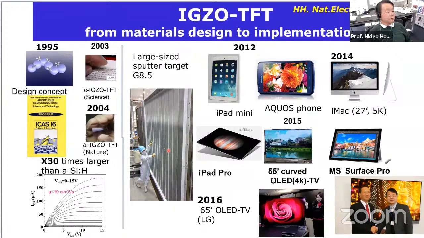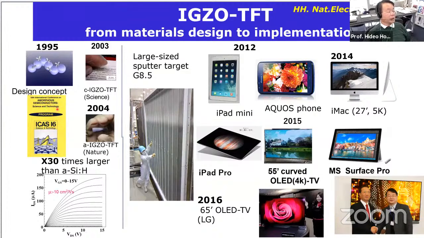This viewgraph summarizes the progress of the oxide TFT as fundamental research, starting from 1995. The first presentation was done at the Amorphous Semiconductor Conference in Kobe. At the time, more than 800 papers were presented, and the oxide semiconductor was only one.